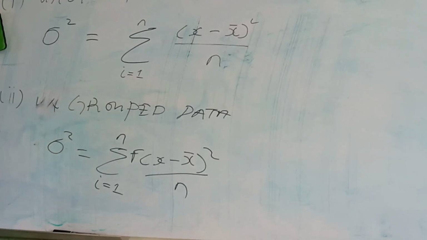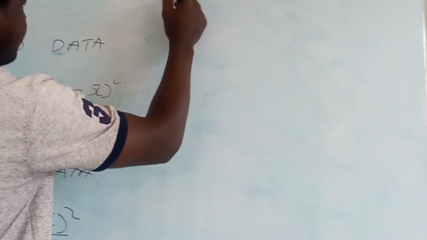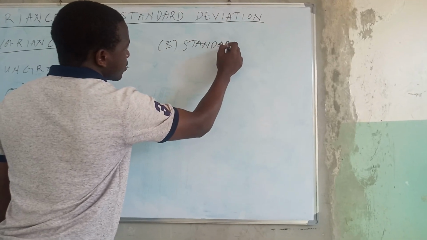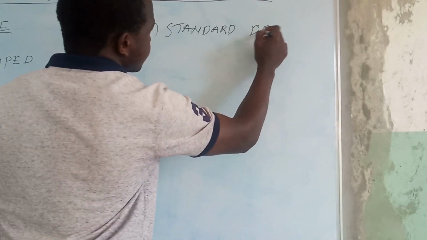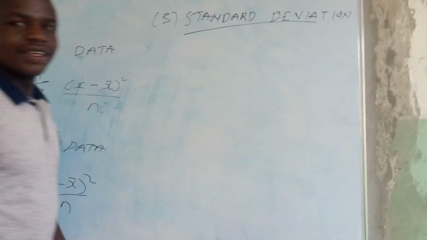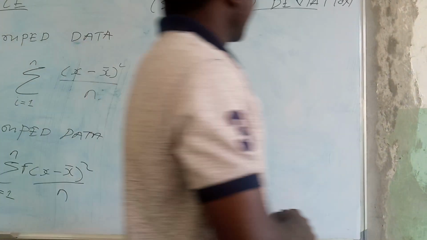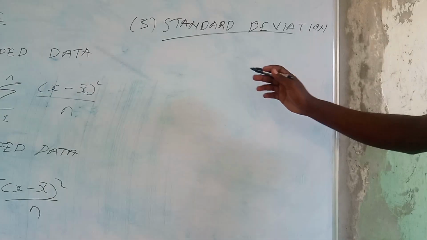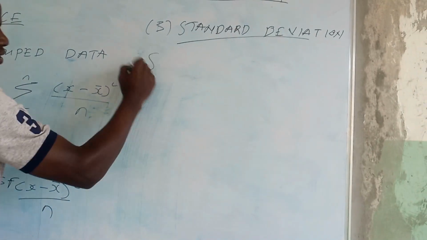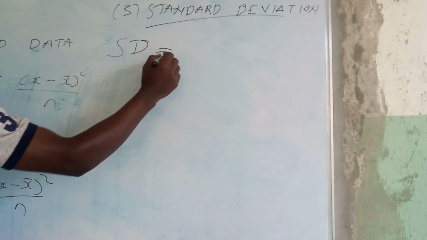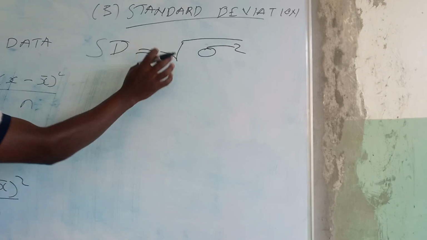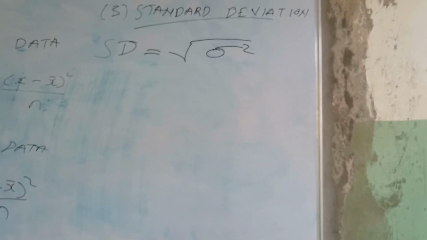The next thing that I'm going to talk about is the standard deviation. Standard deviation is just the square root of the variance. So I can say SD is equal to the square root of the variance. This is the formula that we use when calculating standard deviation.